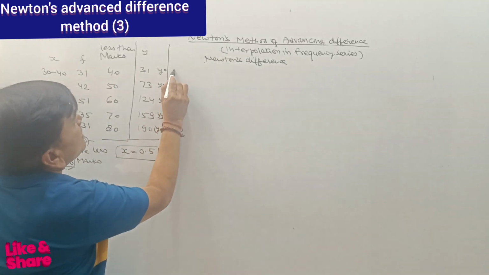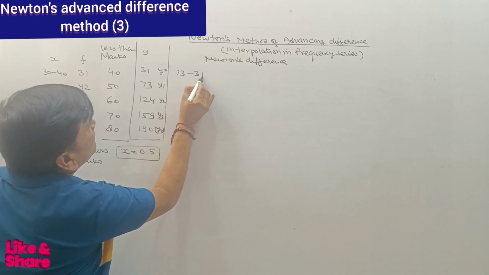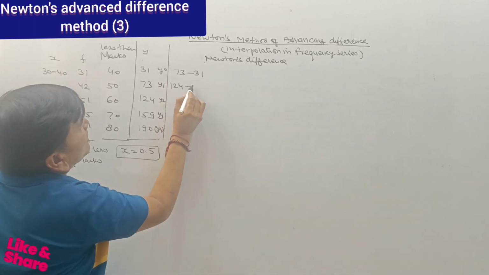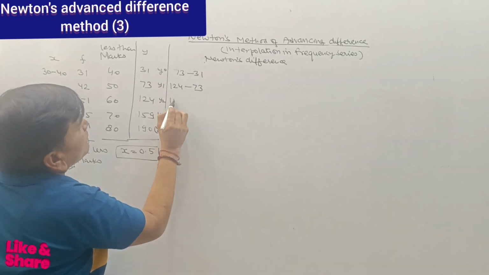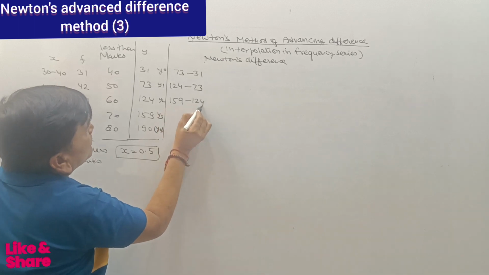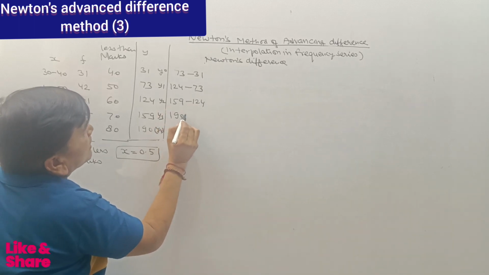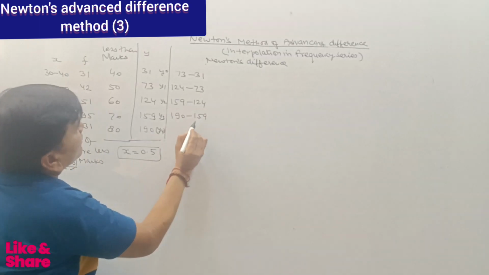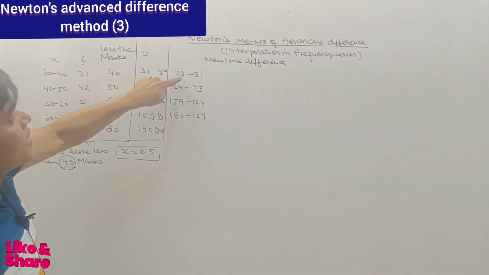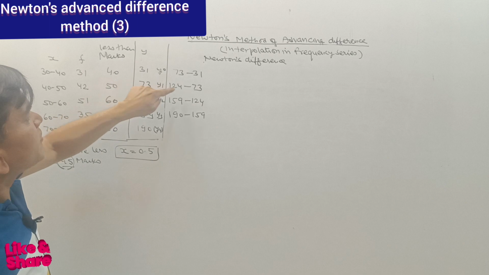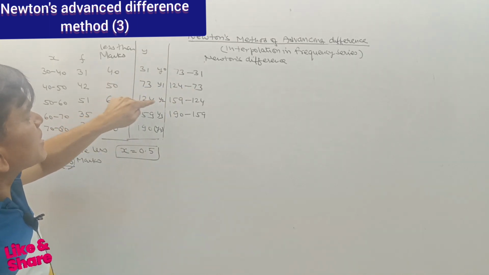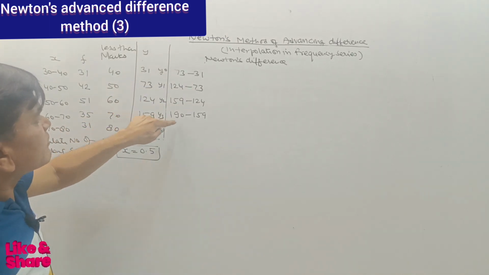So the first differences are 73 minus 31, 124 minus 73, 159 minus 124, 190 minus 159.